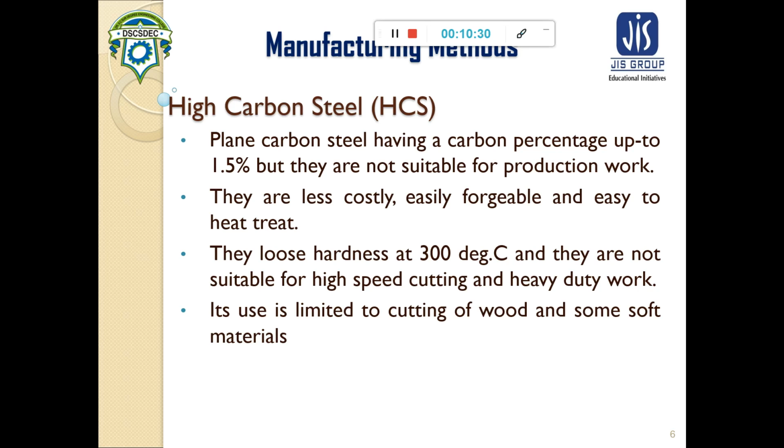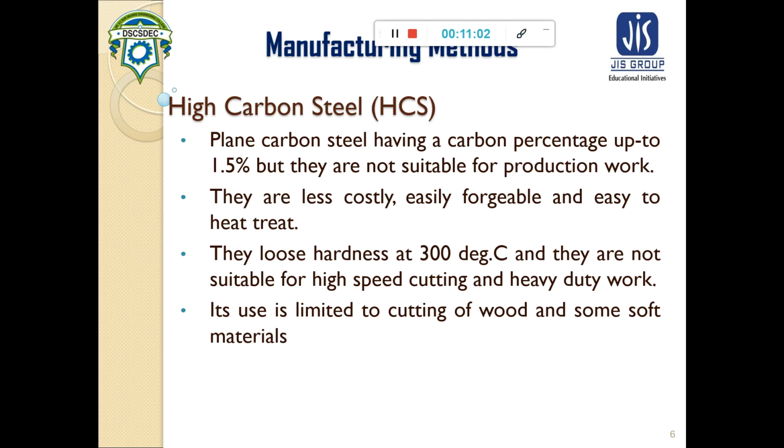So for high cutting speed or heavy duty work, there will be high friction at the tool workpiece interface. Due to the heat generation, the cutting tool material will lose its hardness and easily chip up and wear off.